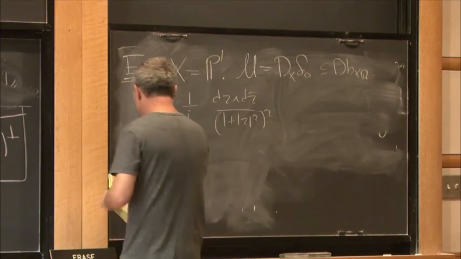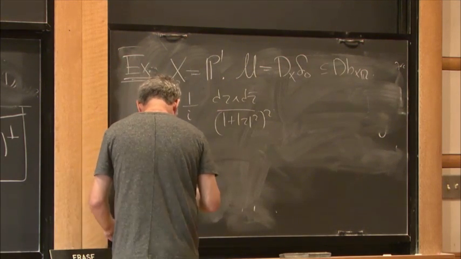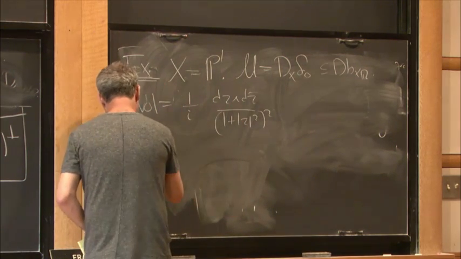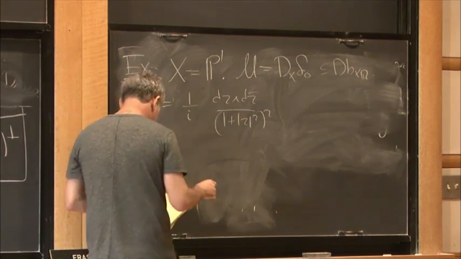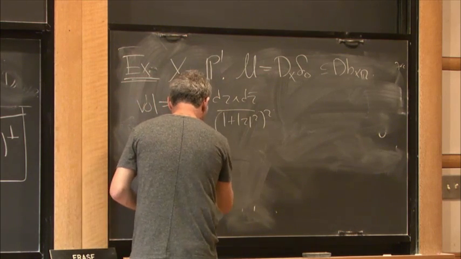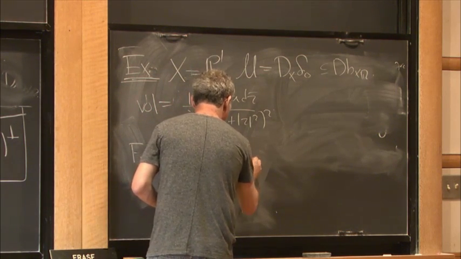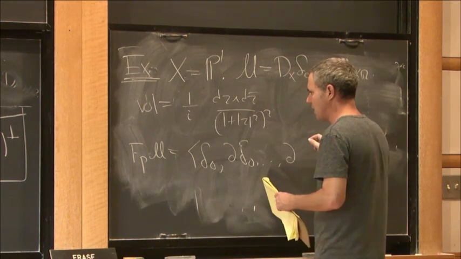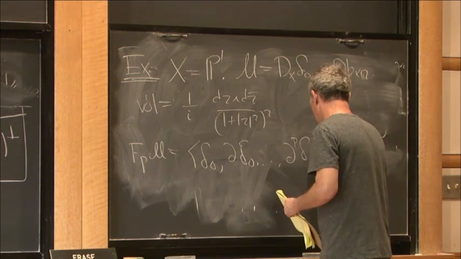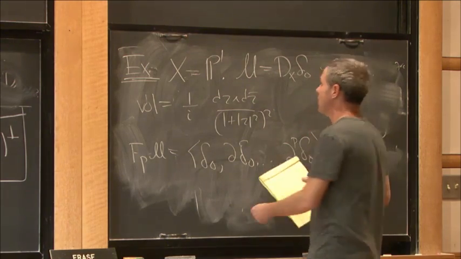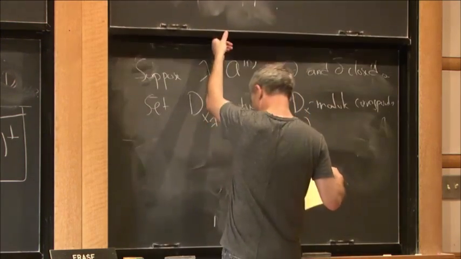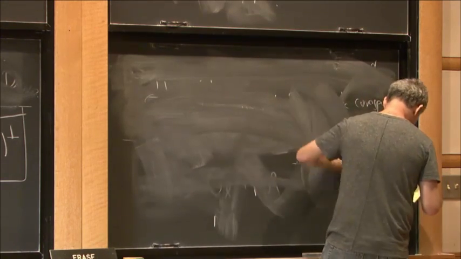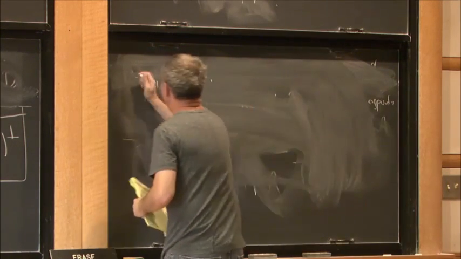Now, what is the Hodge filtration on this M here? So F_p of M is delta_0, partial of delta_0, all the way up to partial^p of delta_0. If p is 0, we just have delta_0.